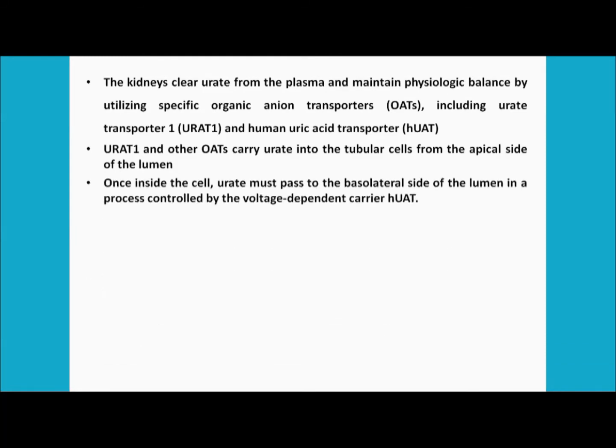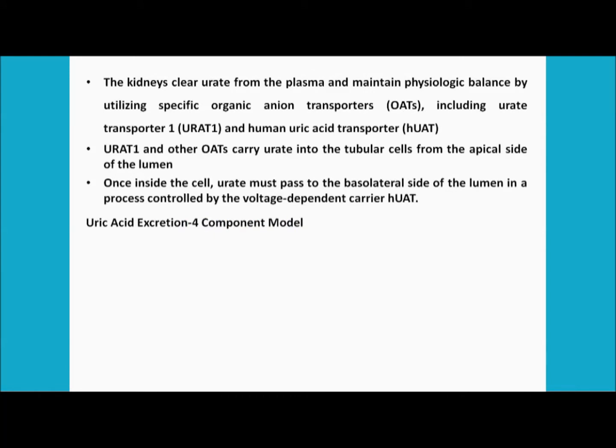Now once inside the cell, what will happen? Once inside the cell, the urate must pass through the basolateral side of the lumen in a process which is controlled by a voltage dependent carrier. Now, which is the voltage dependent carrier in the kidney? That is the human uric acid transporter.